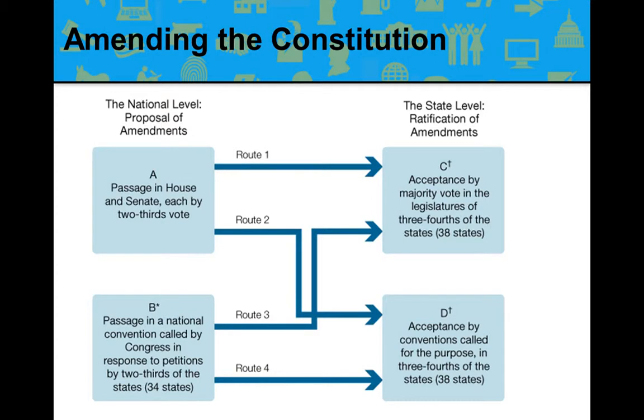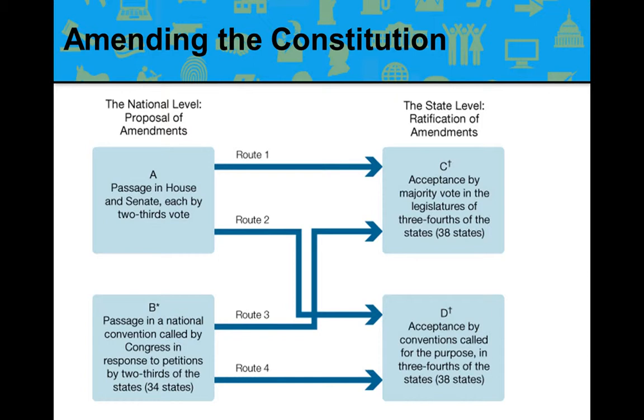But after that, it can be ratified in one of two ways, either by the majority vote in the legislature of 3/4 of the states, or accepted by conventions called for the purpose in 3/4 of the states. So you can see that the different routes are possible. A can go into C, or A can go into D, so that gives you route 1 and 2.